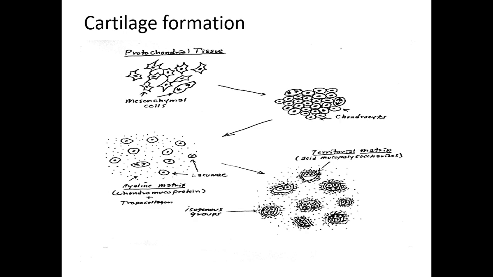And later on, through the deposition of the matrix, the cells will be set farther apart from each other, and some of them will be trapped in a cavity, or we call the lacuna or lacunae. So in each cavity, it could contain one chondrocyte or maybe two chondrocytes, a maximum of 10 chondrocytes. And if ever they are formed, we call them the isogenous groups or cells.